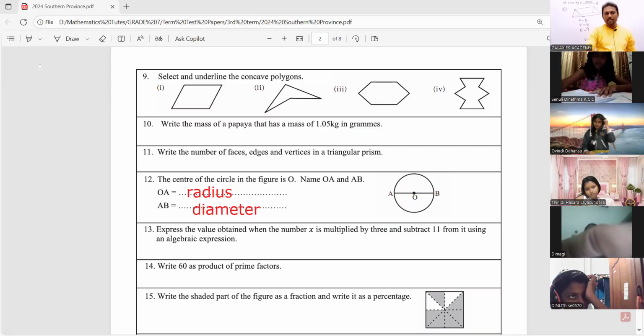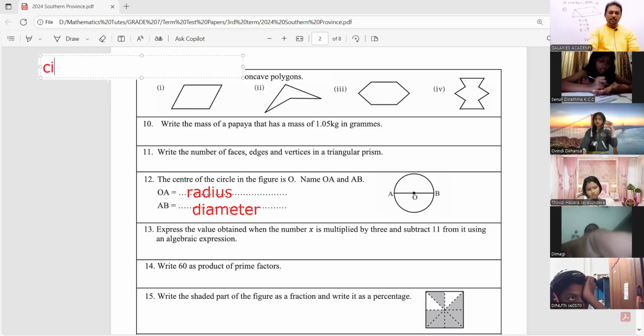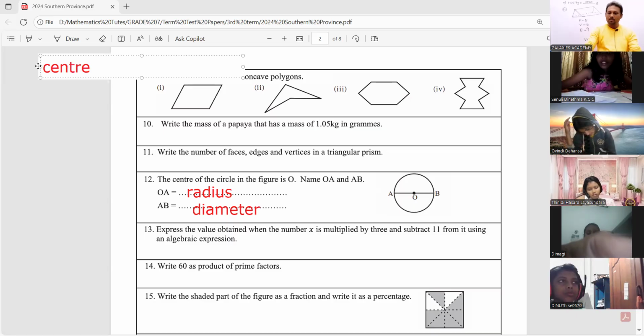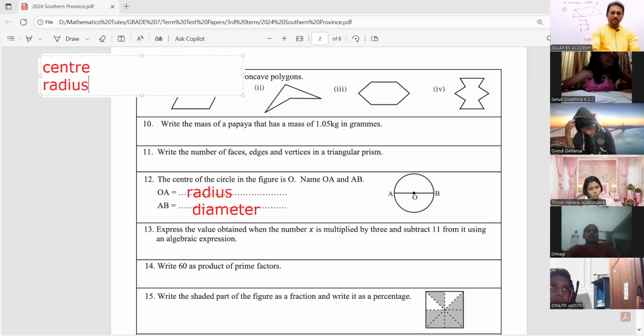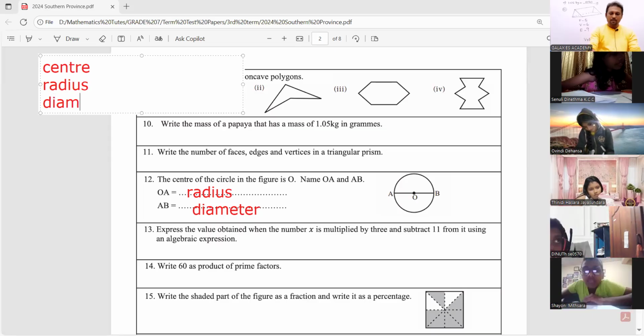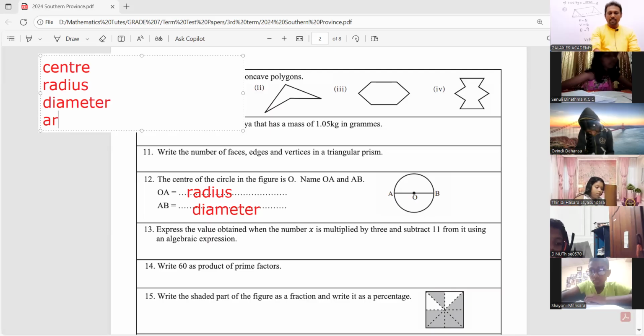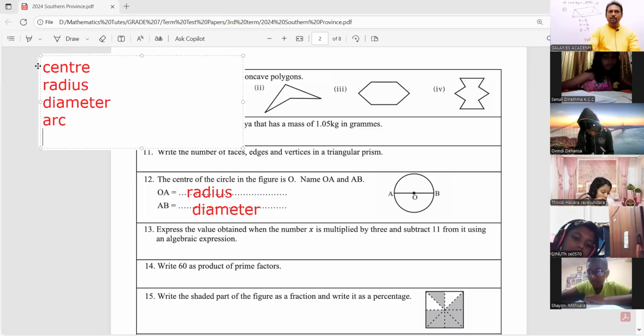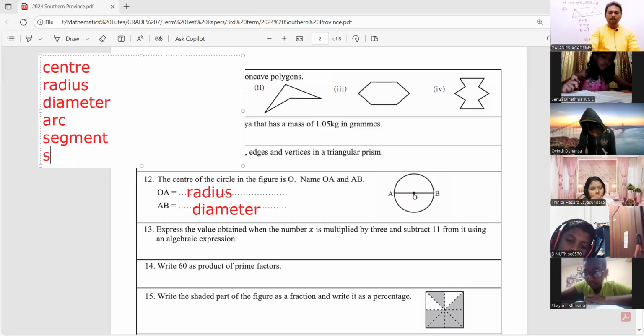Right, these are the parts. Also, you studied these parts of the circles: center, radius, diameter. Then also you studied about arc, segment, sector.